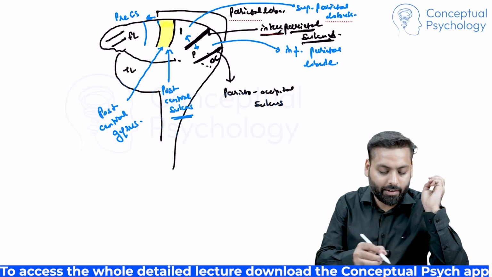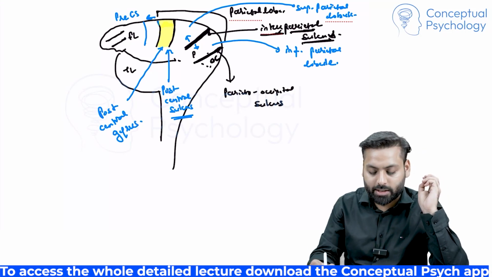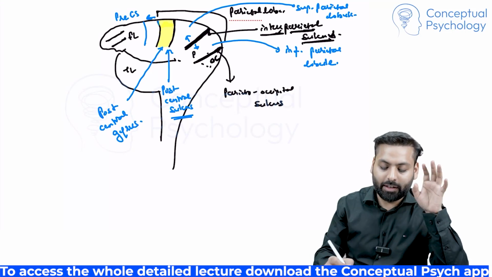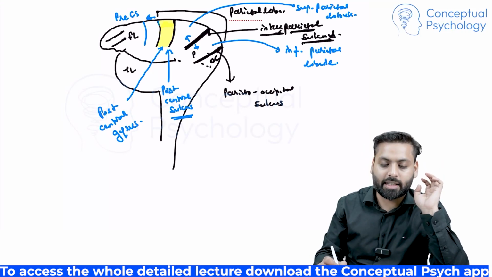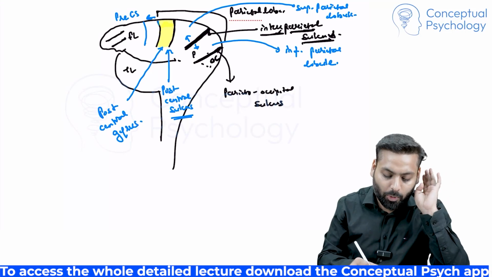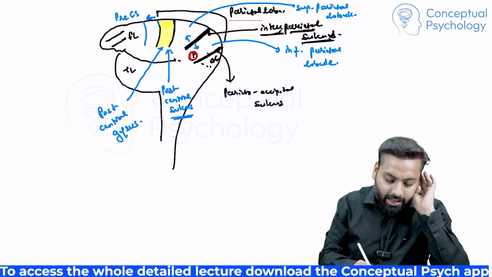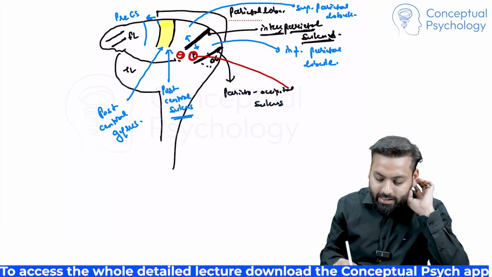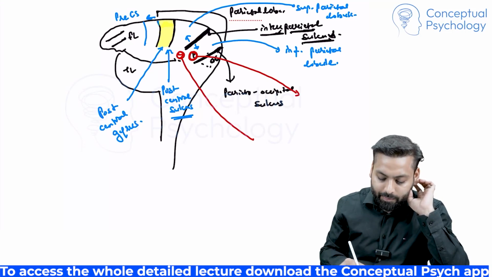Anyhow, this was the parieto-occipital sulcus. Near the parieto-occipital sulcus, we basically have two important areas. One area here, one area here. These are two areas that you have to remember.